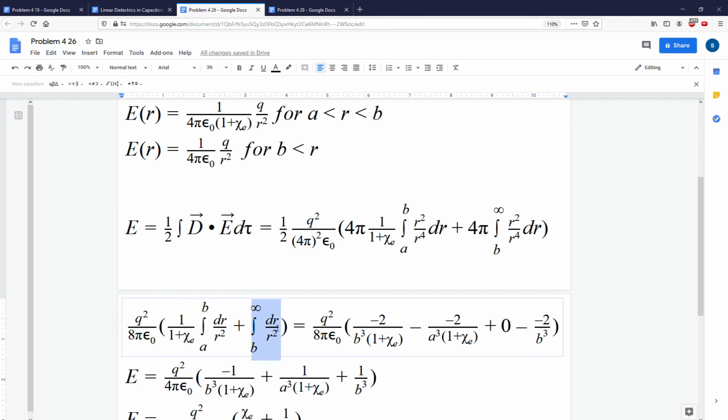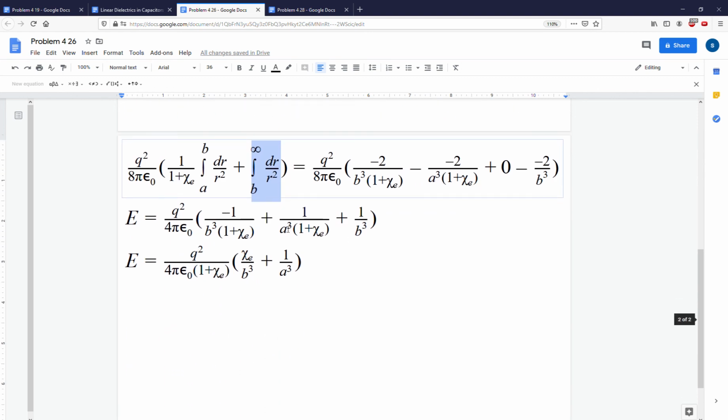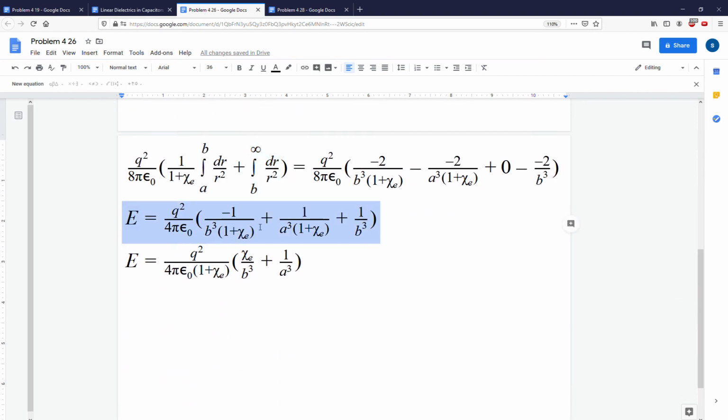For this integral, we're going from b to infinity, so that's -2/infinity squared, or just 0, minus -2/b cubed, no chi e in this term. Factoring out this -2 and getting rid of this plus 0, we can say that the total energy is given by this formula right here.